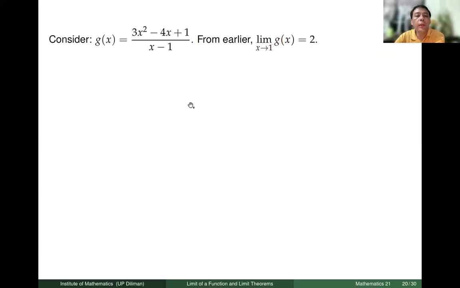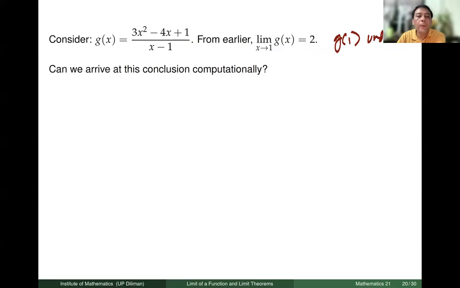Now, this is our example earlier. We have shown that the limit of g of x is equal to 2, although g of 1 is undefined. No? Undefined. Now, let's try to compute the limit.